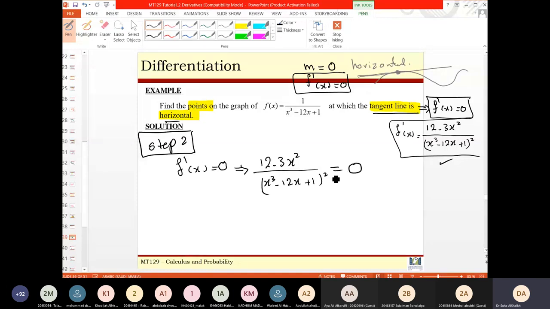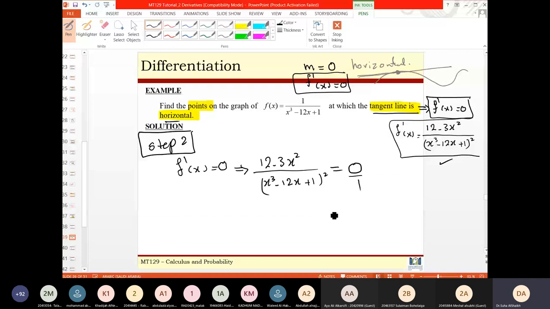Can somebody tell me what I should do here? How can I solve such a thing? Now the 0 is like 0 over 1. We do what we call the cross multiplication method. Cross multiply, yeah.